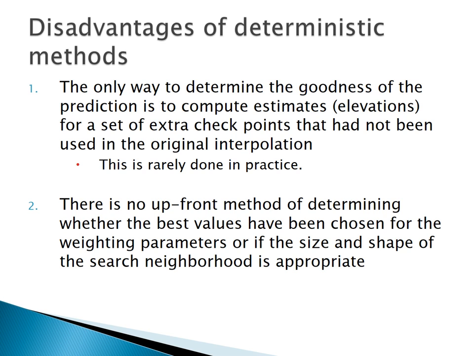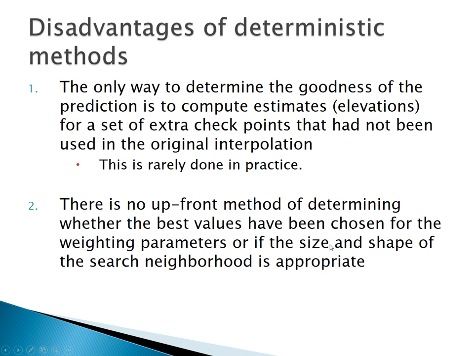So one of the big things is that we just don't know whether the points we're using are good. And then the goodness of the prediction is checked by using elevations for an extra set of points, but that costs money to do. It's really rarely ever done in practice. So that's one of the big disadvantages of deterministic methods.